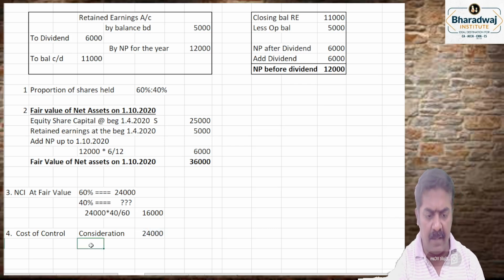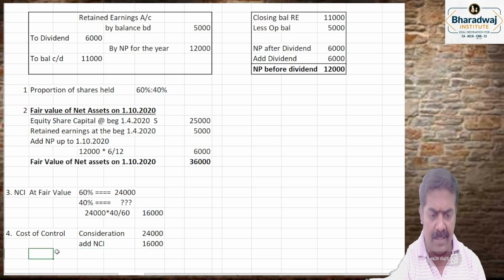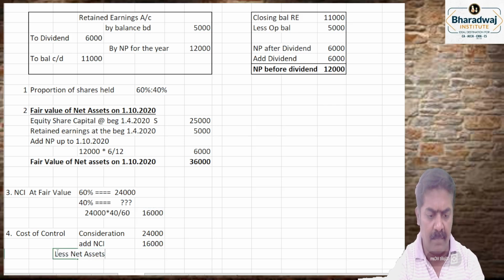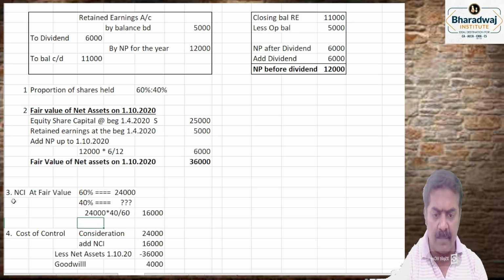Add NCA value 16,000, less net assets. And now you get goodwill. How much? 4,000. Take up to this, then we will proceed.